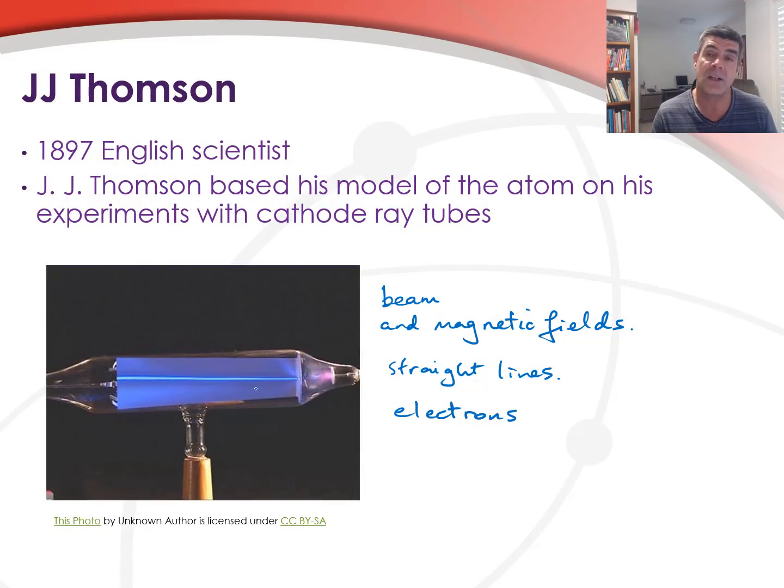So if we bring a magnet close to this electron beam, then we can actually see the electrons being influenced by the magnetic field as they move relative to their straight line position if we have no magnetic field in place. So again, something that hopefully you'll get an opportunity to look at in the classroom.